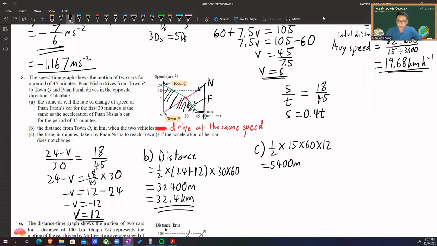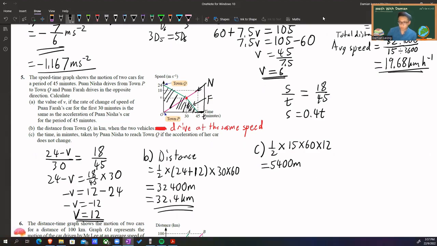So the distance traveled will still be a triangle because it's still the same acceleration. So change in speed 0.4t over the change in time, I put it as t, equals to the total distance traveled. Oh, sorry, my mistake. That's the acceleration.